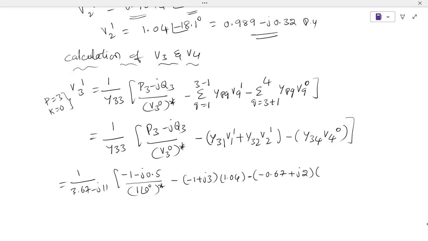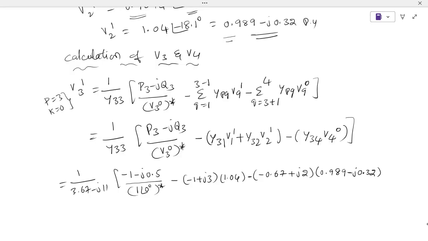This value we have already calculated in the previous step, so substitute it as such: 0.989 minus j0.32, that is the V21 value.